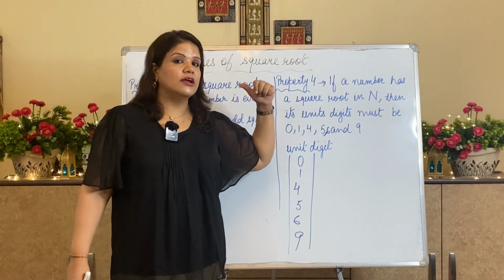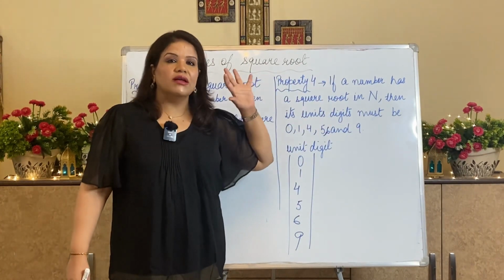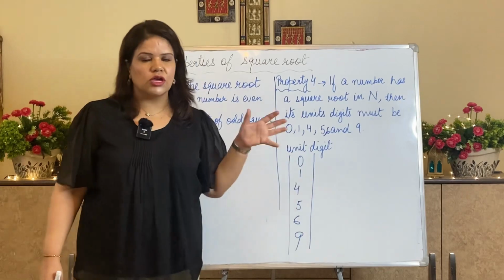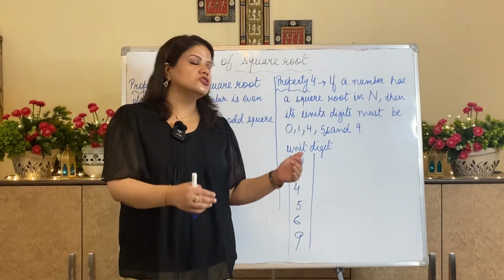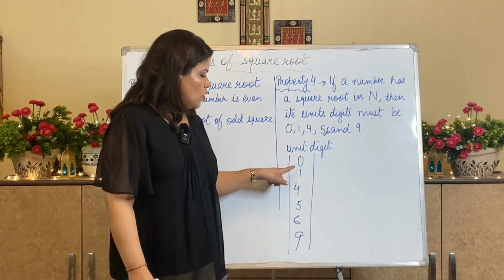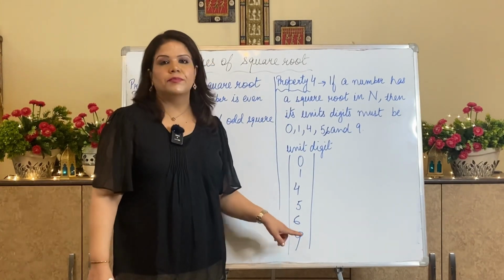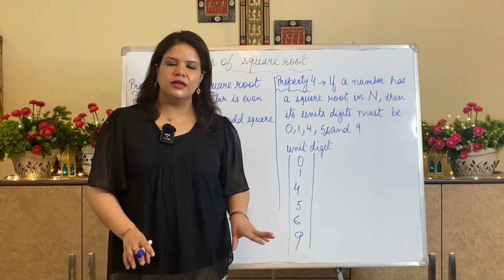We have done earlier 2, 3, 7, their square root was not possible in N. Now if I have numbers with unit digits as 0, 1, 4, 5, 6, 9, their square root is possible in N.